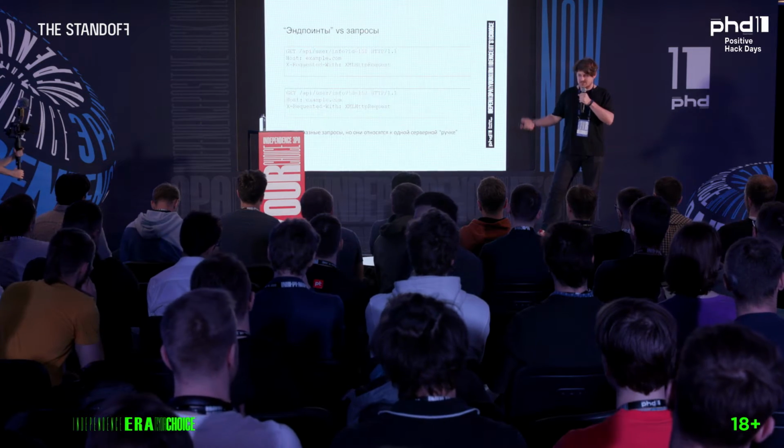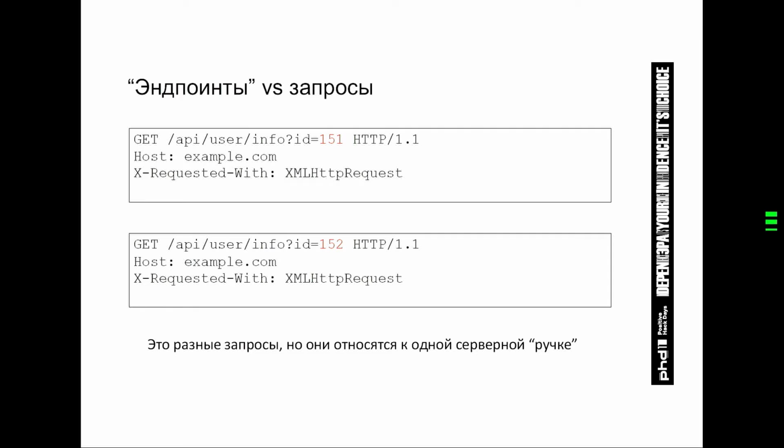So what are the requests sent by JavaScript code onto the web page? We have endpoints and we have requests. And endpoint is in the name of my presentation. API endpoints, logic actions, they exist in multiple names, but when we say endpoints, they are sent to various parts of server code.